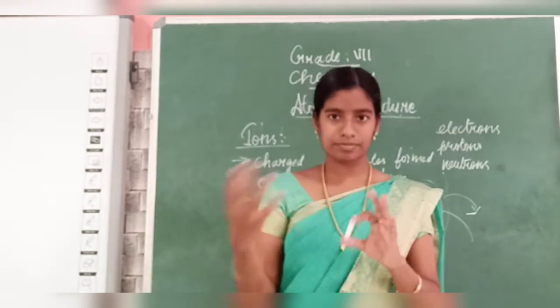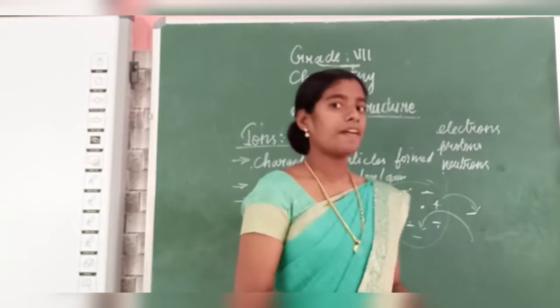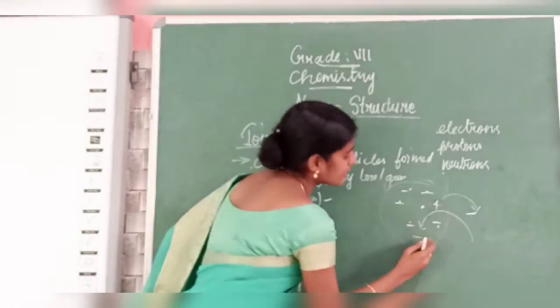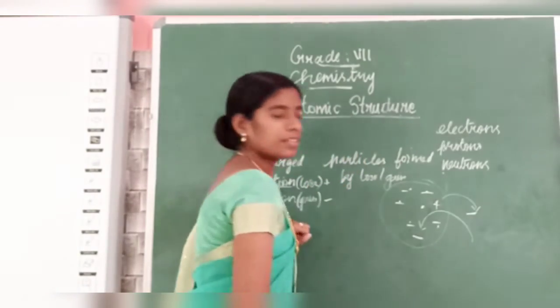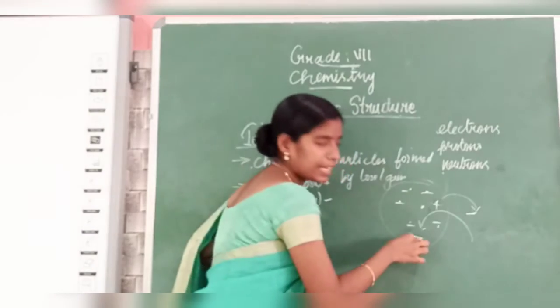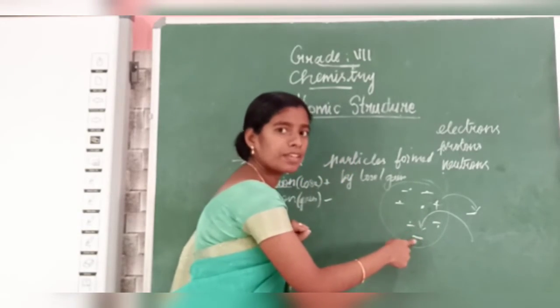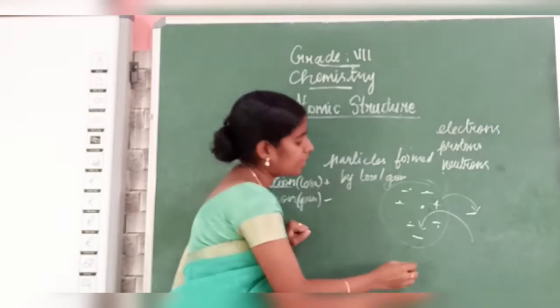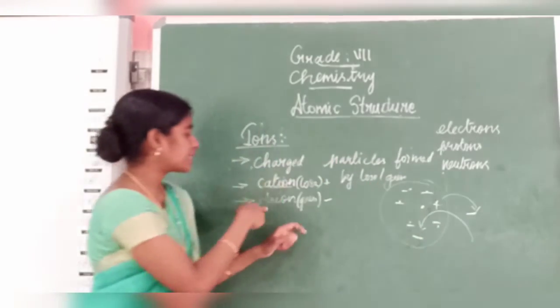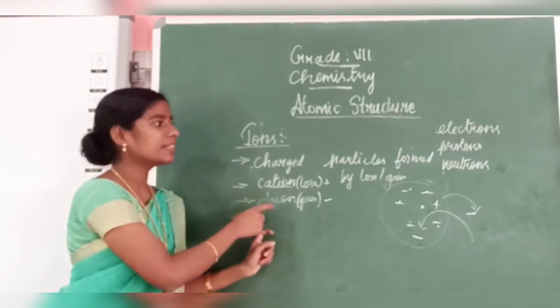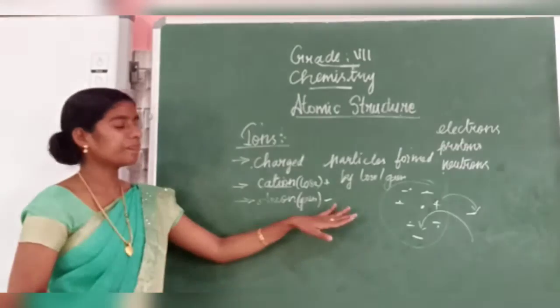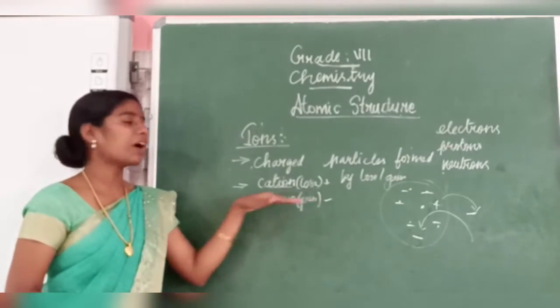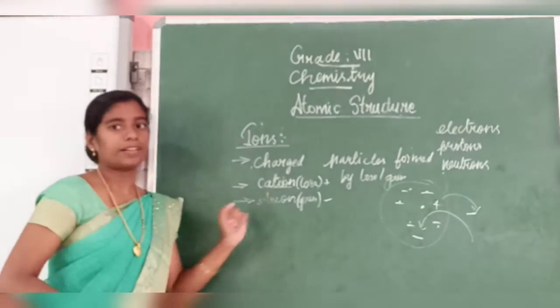On the other side, what will happen? When an atom gains an electron, it will become negative. When this negative charge enters inside, this particle will become negative and they are called anions.